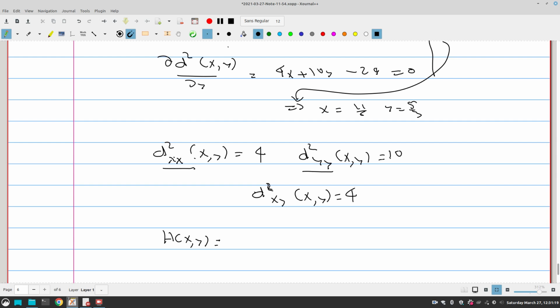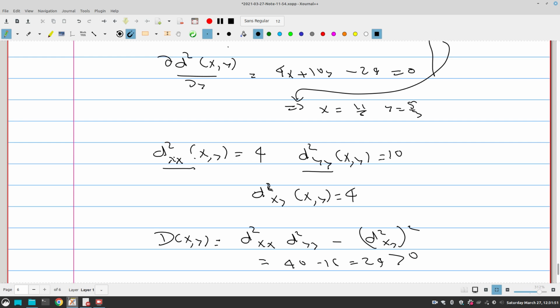So you have d square xx d square yy minus d square xy square, which is equal to 40 minus 16, just 24, which is greater than 0. Now actually let's not call it h for the Hessian, since we're using the notation d, let's keep it at d, right?